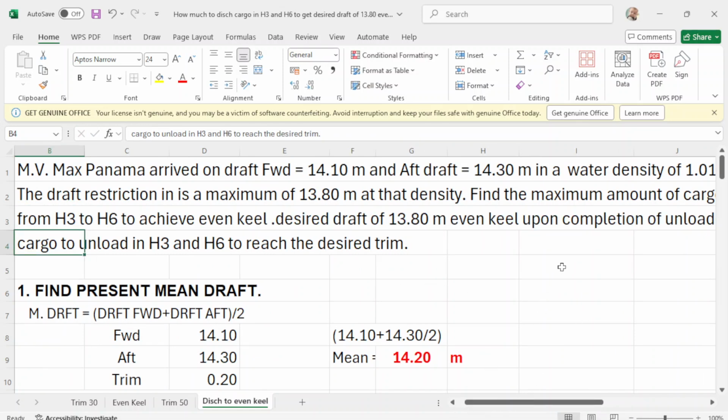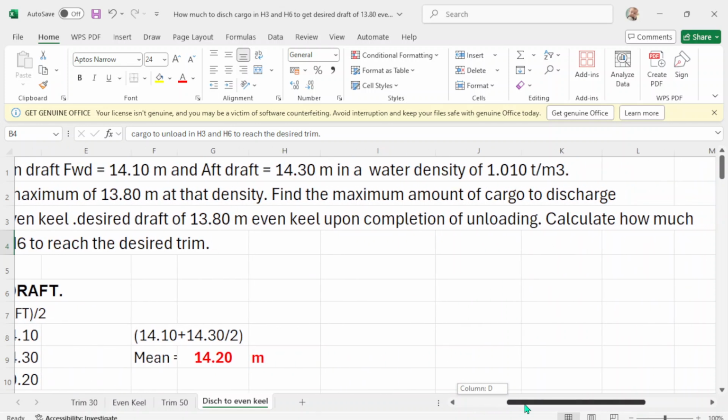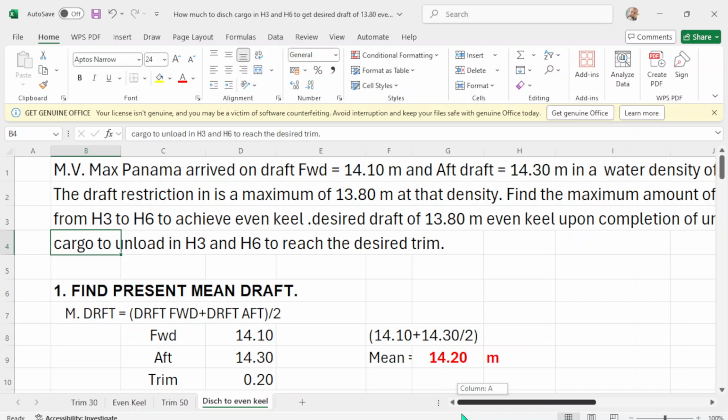How much cargo to unload in hold number 3 and 6. Okay, so this is now the program.